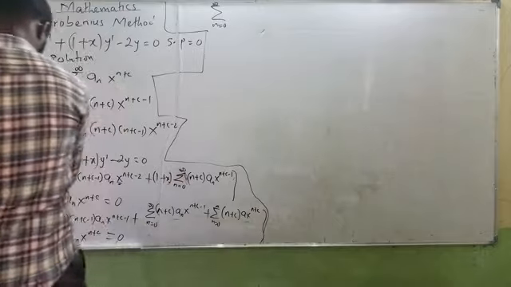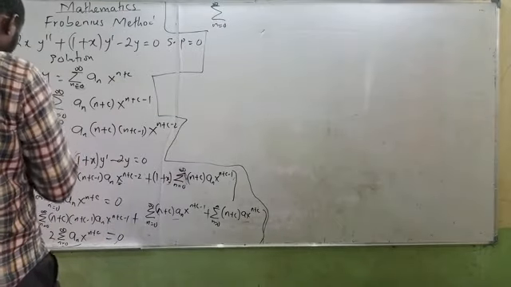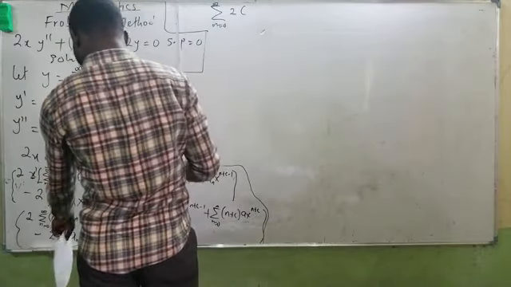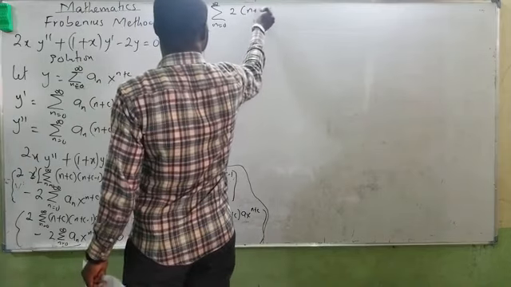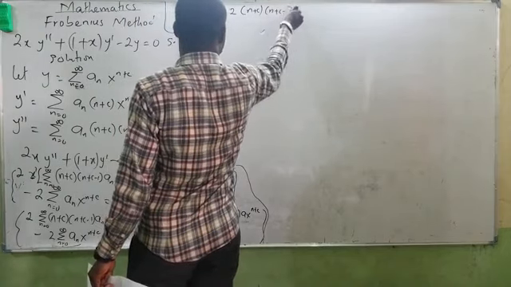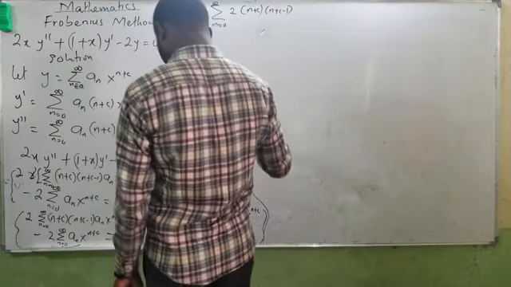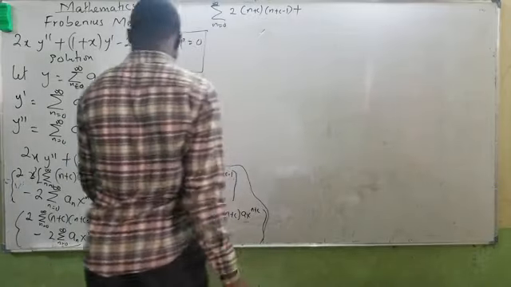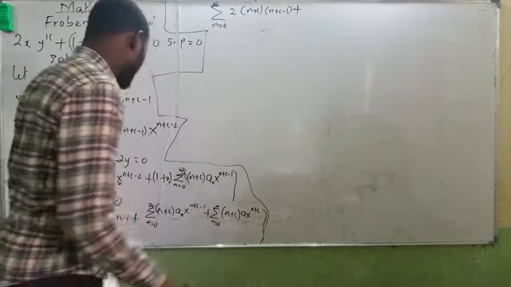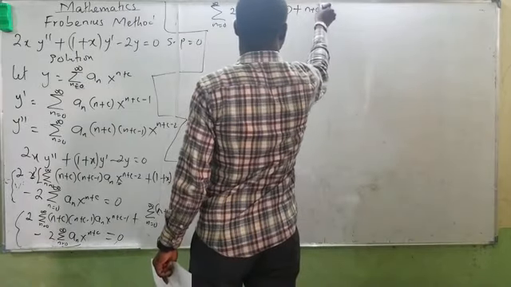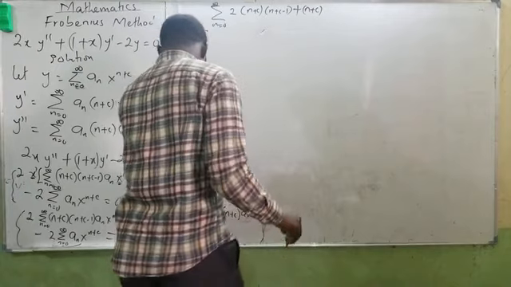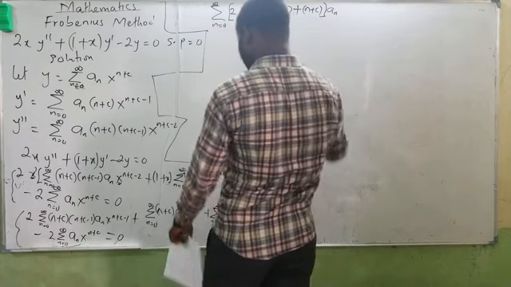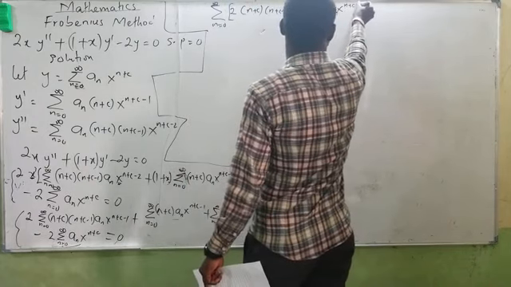I'll be having 2 bracket of n plus c minus 1, plus, and the next one will be equals to, also I'll be having n plus c, which is all in bracket of a n x to the n plus c minus 1.